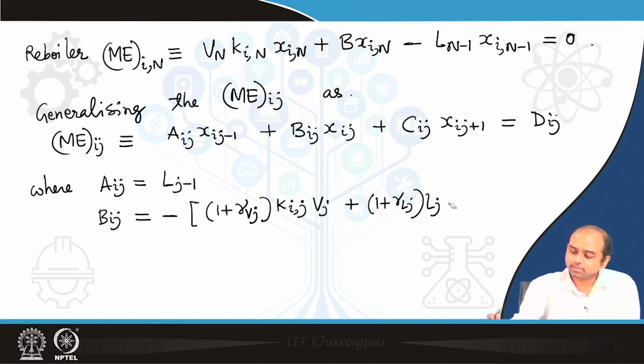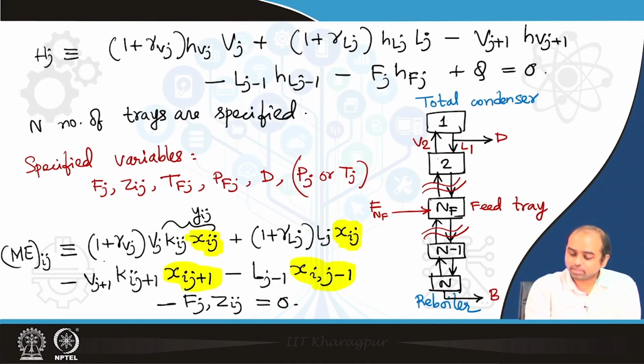Minus is given in front of this equation because we are trying to write both the other way around.